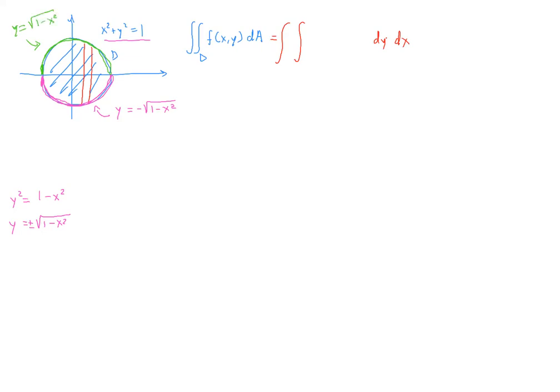So now you have your boundary curves, and exactly because you do a vertical integration first, it's precisely these two that you're going to put as your bottom boundary and the upper one. So square root of 1 minus x squared to square root of 1 minus x squared.